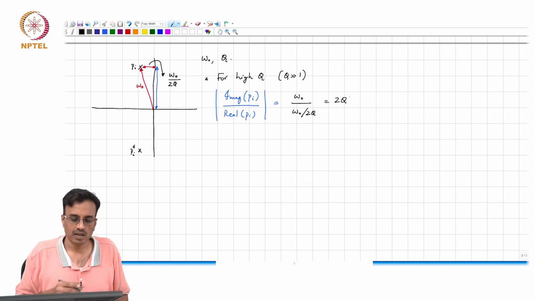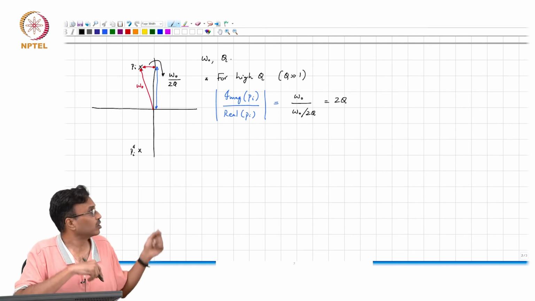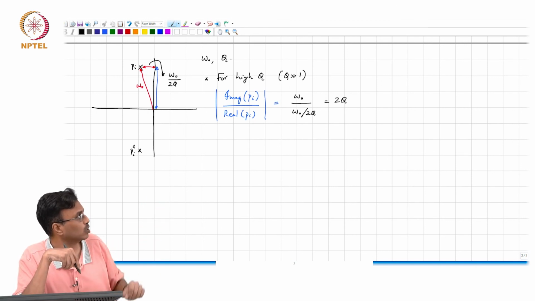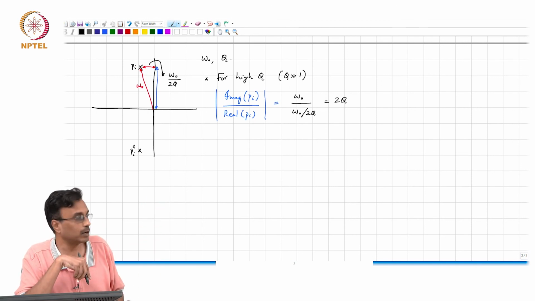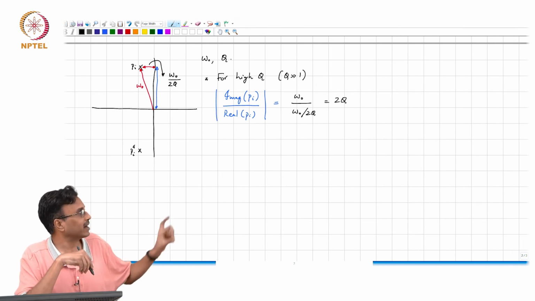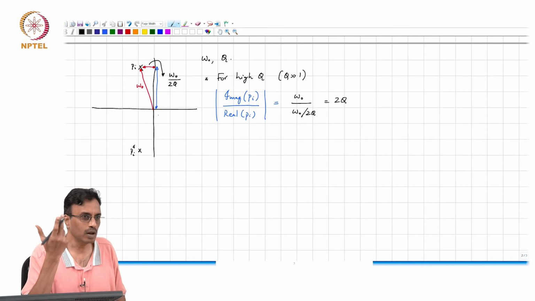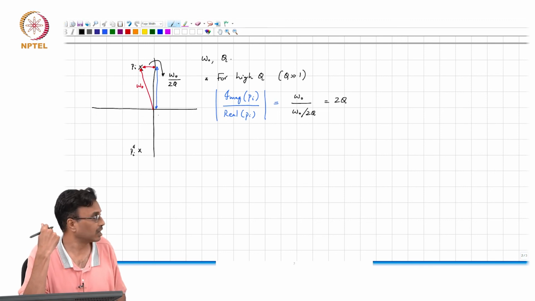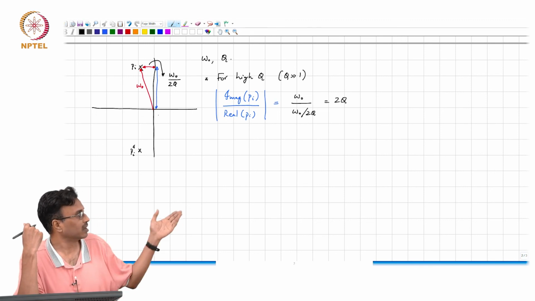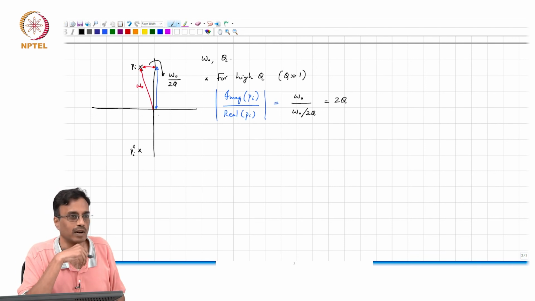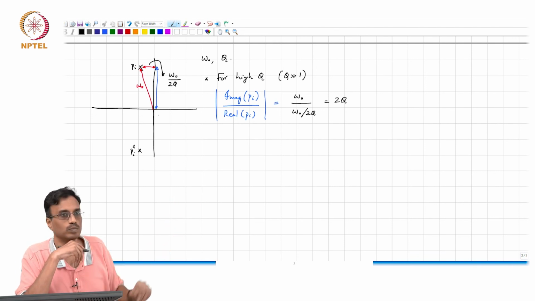In other words, the distance of the pole to the j omega axis, which is the border of instability, divided by the radius of the pole, is basically the quality factor multiplied by 2.